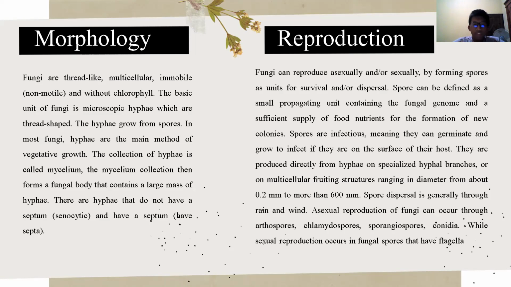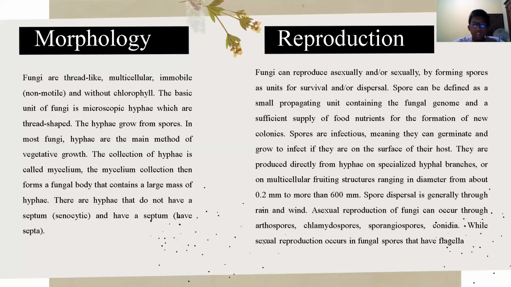Spores are infectious, meaning they can germinate and grow to infect if they are on the surface of their host. They are produced directly from hyphae on specialized hyphal branches or on multicellular fruiting structures ranging in diameter from about 0.2 mm to more than 600 mm. Spore dispersal is generally through rain and wind.